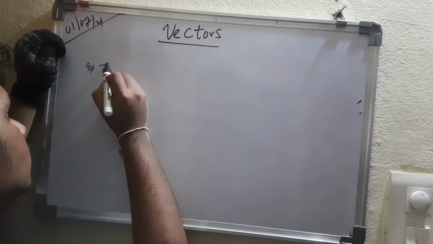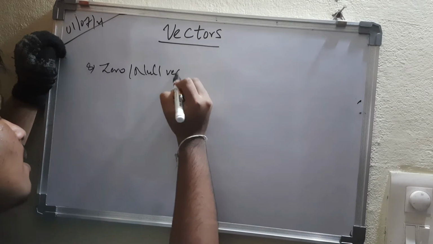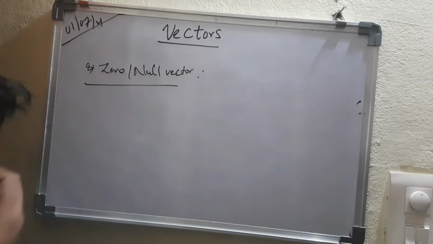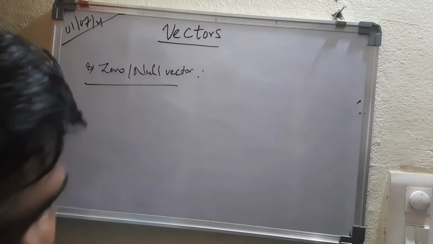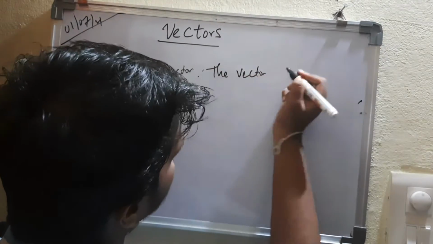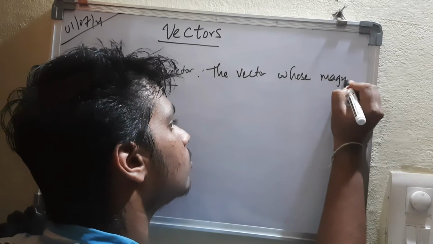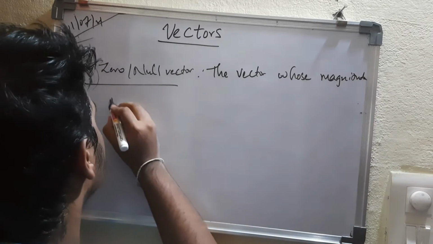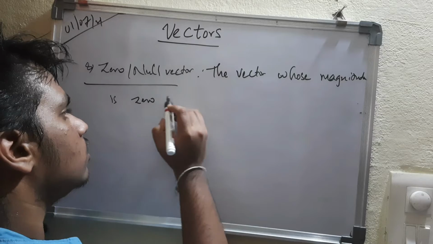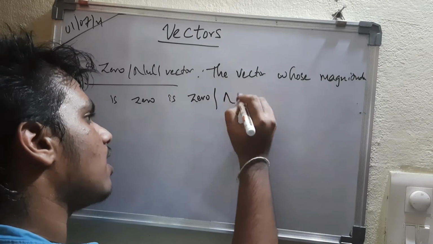Last one, zero or null vector. The vector whose magnitude is 0 is a zero or null vector.